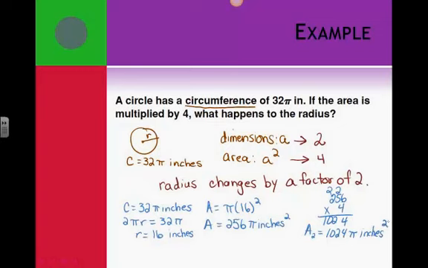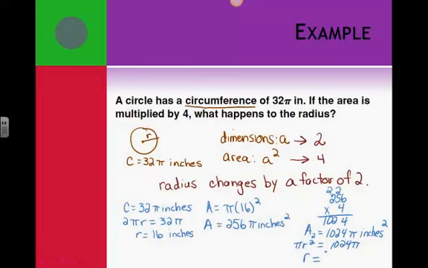And we could work our way backwards to see what the new radius would be. So this is quadrupling the area. So we would do pi r squared is equal to 1024 pi. Divide both sides by pi and take the square root.